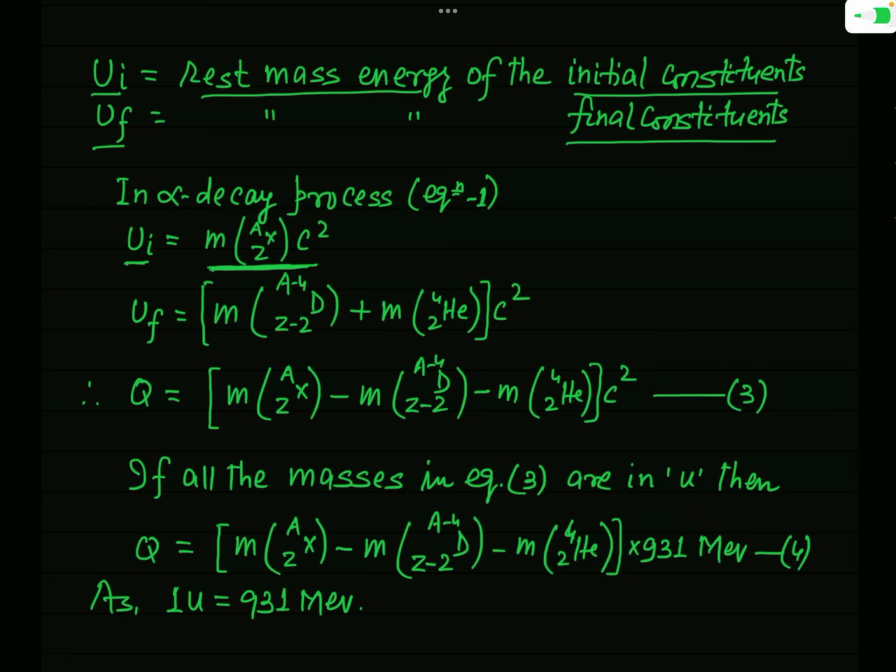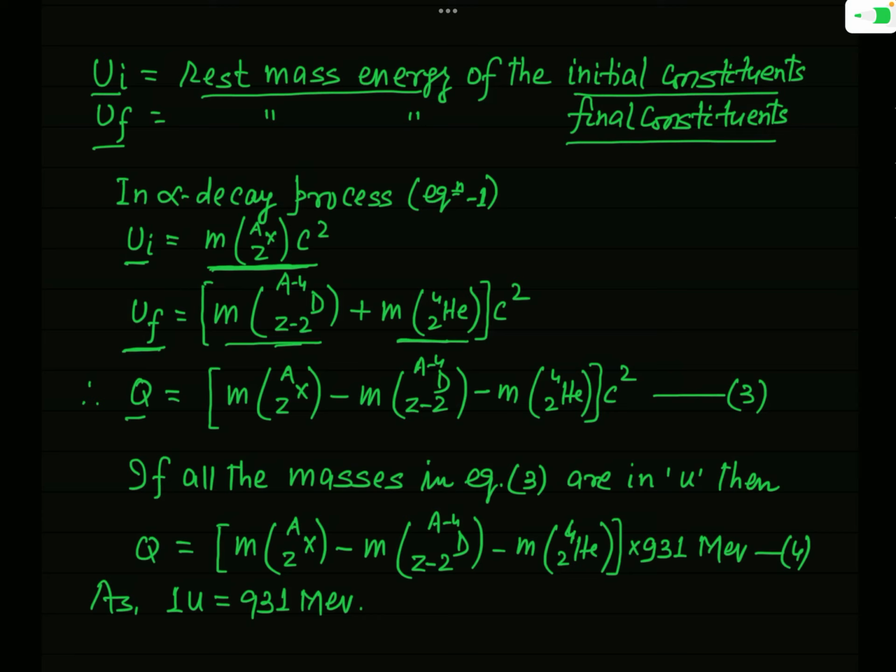And similarly, you can find the rest mass energy of the final constituents. In the final constituents, there are the daughter nucleus and the alpha particle. So I have written here, this is the mass of the daughter nucleus plus the mass of the alpha particle, times c square. Now, according to the definition of Q value, Q is equal to Ui minus Uf.